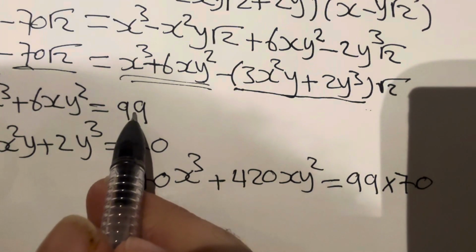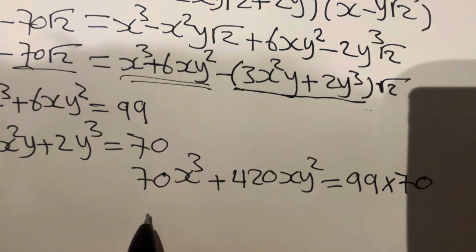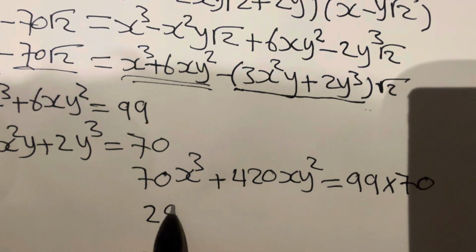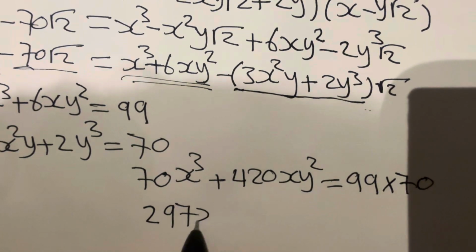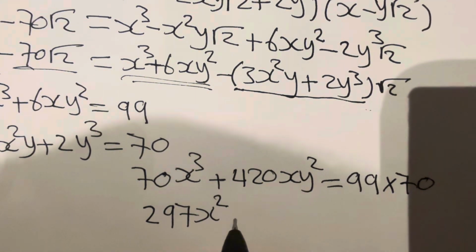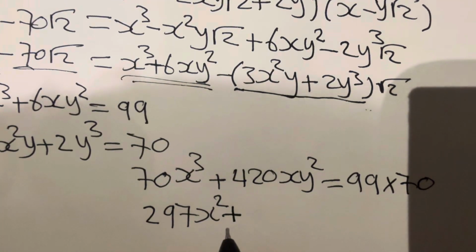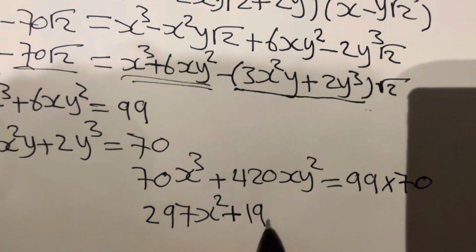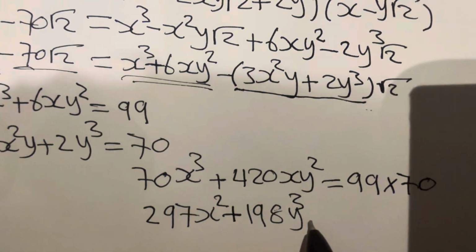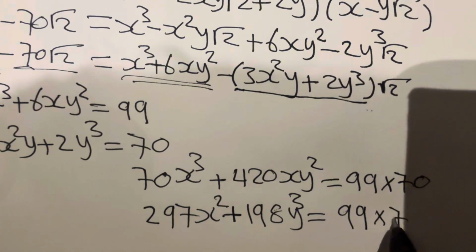And this number times the second equation, which we get 297 x squared y plus 198 y cubed equals 99 times 70.